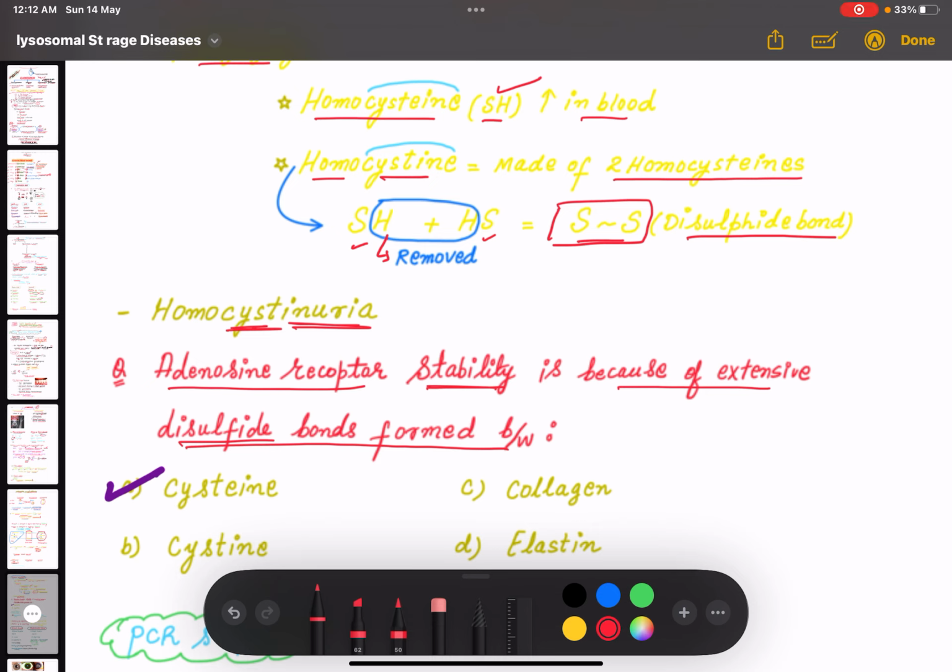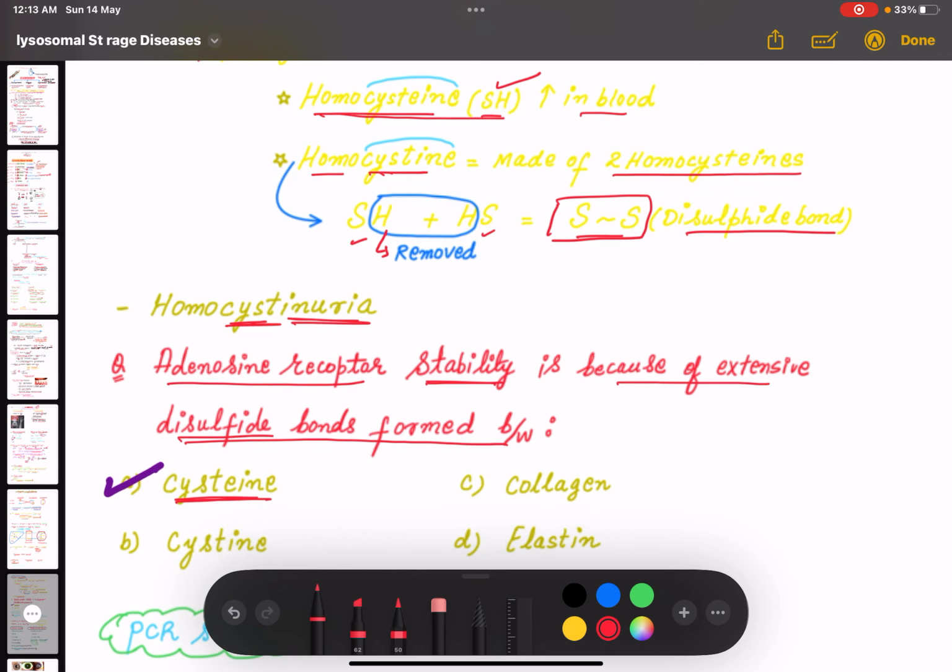It is between two cysteines. When two cysteines combine, they form cystine. Okay, so remember, when two homocysteines combine, they form homocystine. Therefore, the bond will be between two cysteines so that they can form cystine.